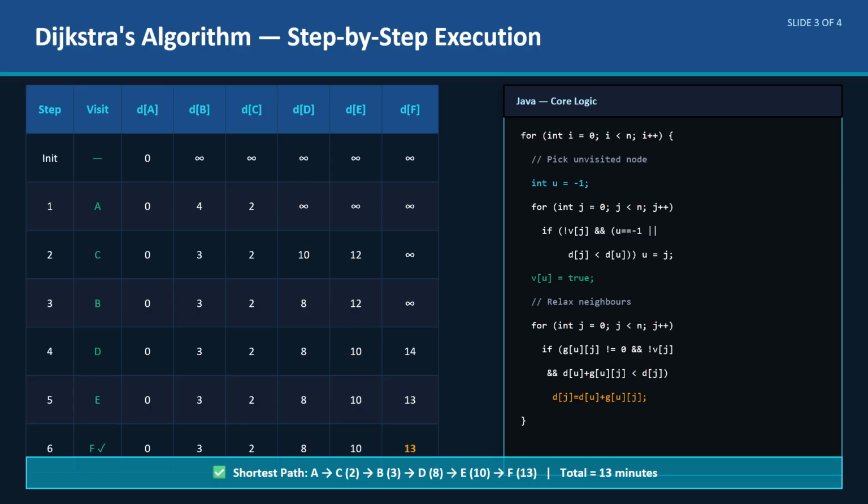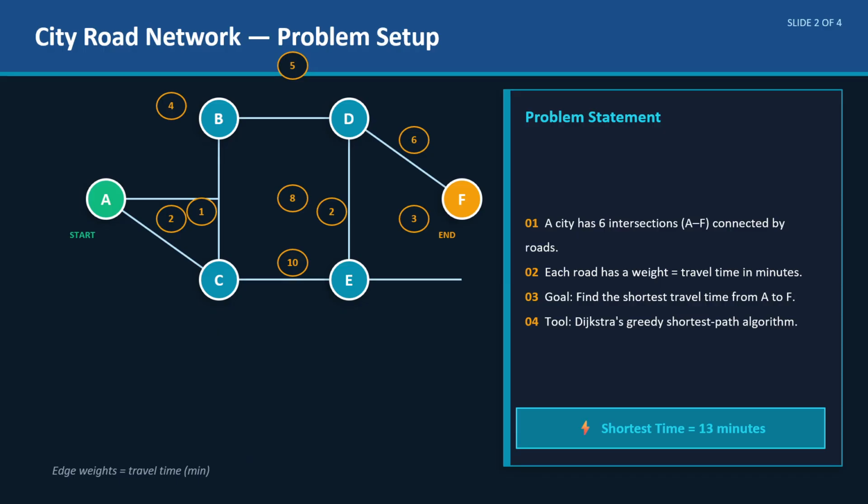Yes, 3 plus 5 comes to 8, because we backtrace that route, right? Then visit D with distance 8, and through D, E updates to 10, because 8 plus 2 is 10. And F becomes 14, that's 8 plus 6. Wait, E to F is 3. This is a mistake. Sorry.